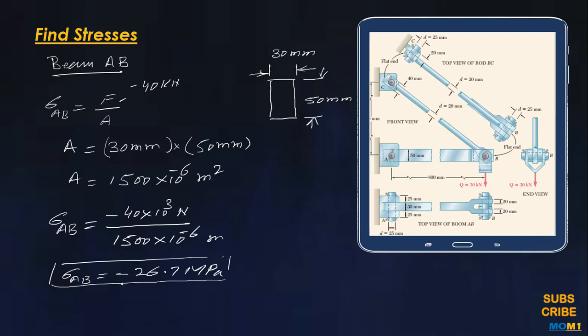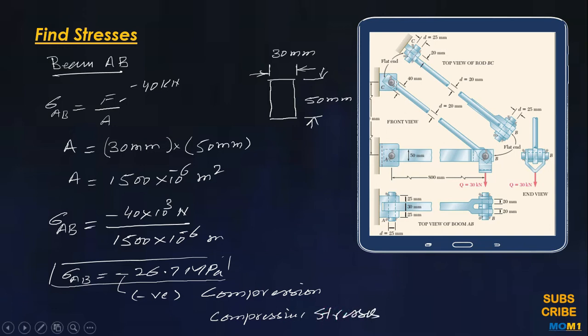Now here negative sign indicates the compression or the compressive stresses in the beam.